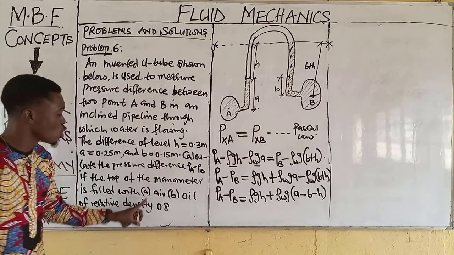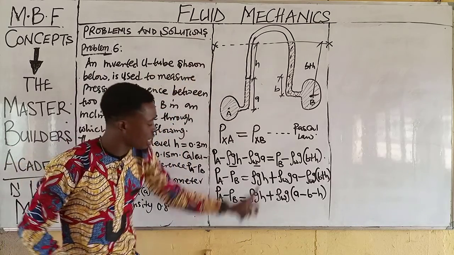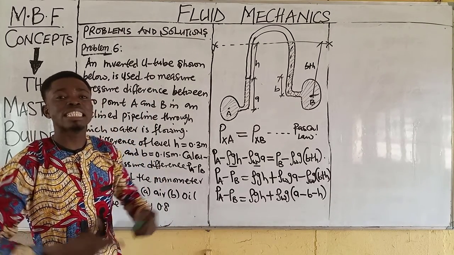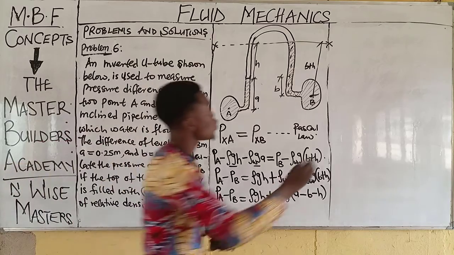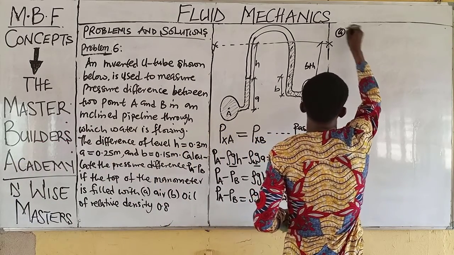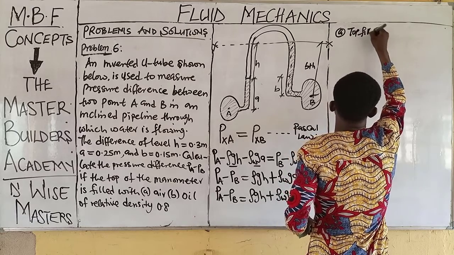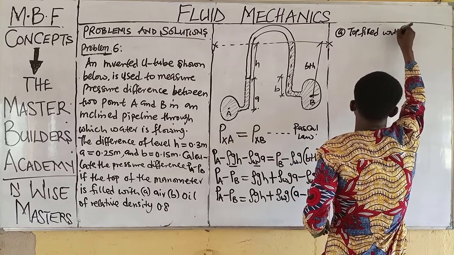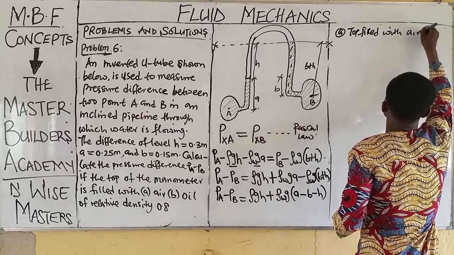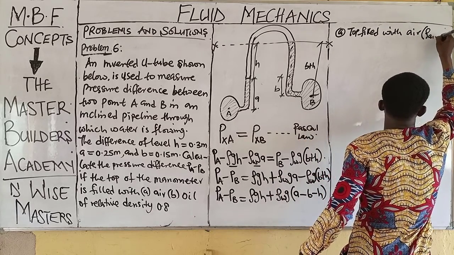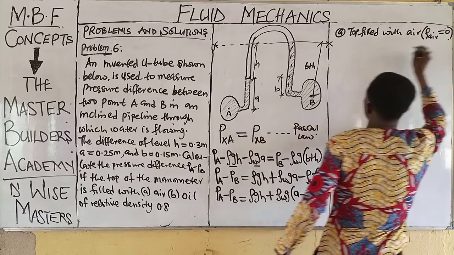Now, the first question is, when the top end, which is this density, is air, what happens? We know that the density of air is 0, so we'll take this end A, top filled with air. So when the top is filled with air, we know that the density of air is equal to 0.